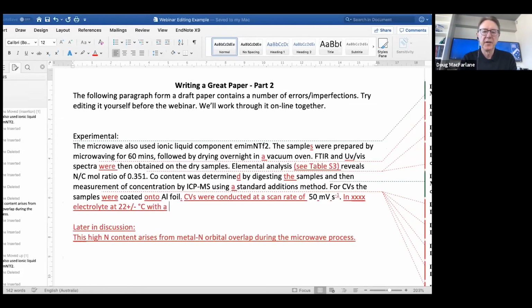With a YYY counter electrode and a ZZZ reference electrode. So all of this is important information that you can't skip over. So what we had there was way too light on detail, and the point was it reminded us that there was a whole lot of stuff missing. All right.